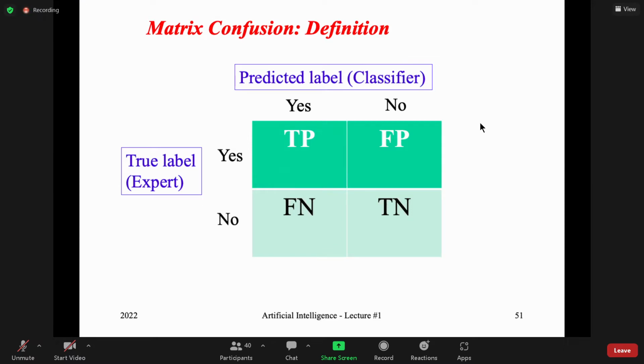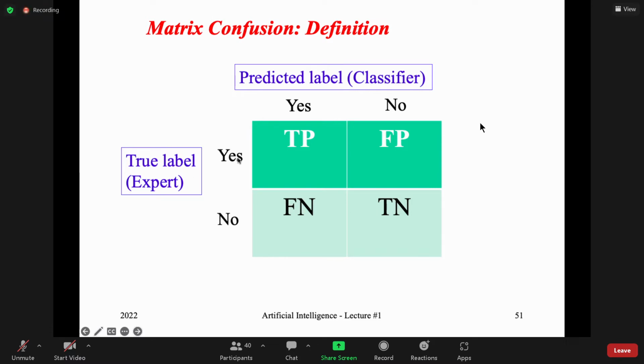What I mean here is what we obtain with artificial intelligence, in other words, with the classifier. And here that is the expert, so we know the exact truth. That is what we have to obtain. Here we have the true positive: with the classifier we say yes, and the answer is yes.